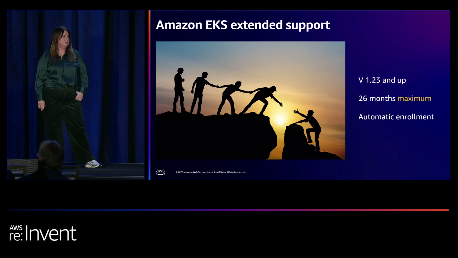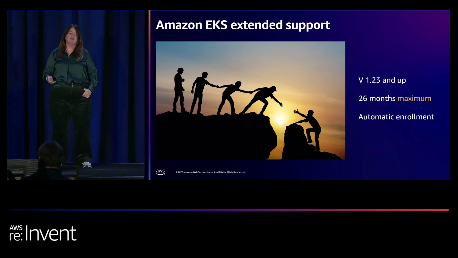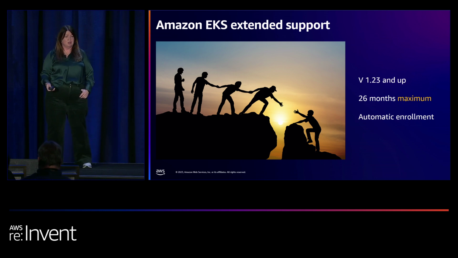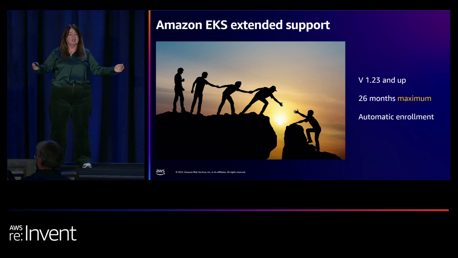But we know that keeping up with that Kubernetes release cycle is difficult, especially for those customers who might be reliant on third parties testing their applications against new versions of Kubernetes, or maybe, in your case, you have to have extended change freeze windows over maybe the end of an extended financial year for reporting purposes, or over holiday periods. We've just had Thanksgiving in the US, we're coming up to Christmas. Maybe you need an extended change freeze period that covers from before Thanksgiving into the new year.